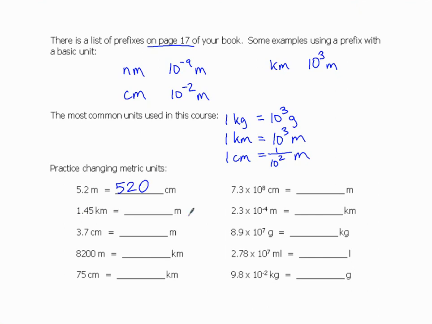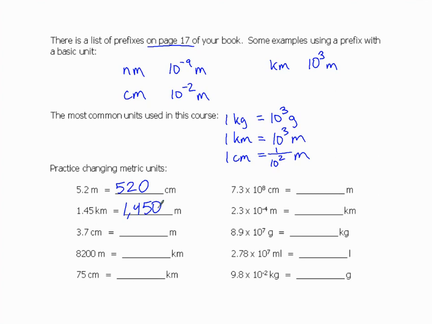1.45 kilometers, how many meters? A kilometer is 10 to the third meters. So you have 1,450. Centimeters, 3.7 centimeters is how many meters? Now, think about this.